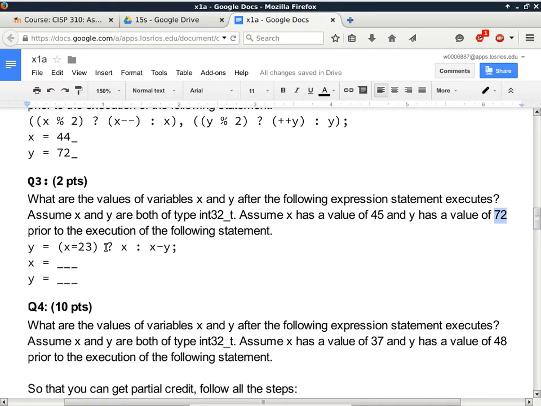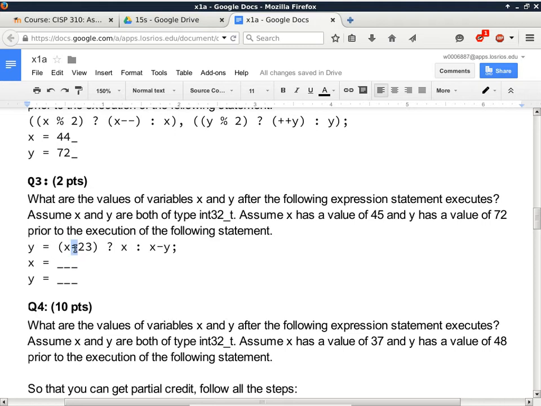Okay, so once again we have a ternary operator indicated by a question mark and a colon. This is the first component, the first expression. The first expression is not a comparison because of the use of a single equal symbol instead of a double equal symbol. So this is not checking whether x is 32 or not, it is changing x to 23.